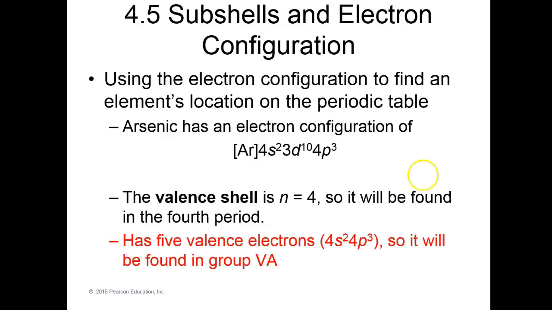Using the electron configuration to find an element's location on the periodic table, arsenic has an electron configuration of 4s2, 3d10, 4p3. The valence shell is n equals 4, so it will be found in the 4th period. It has 5 valence electrons, so it will be found in group 5. So the group number pertains to the number of valence electrons on that element.